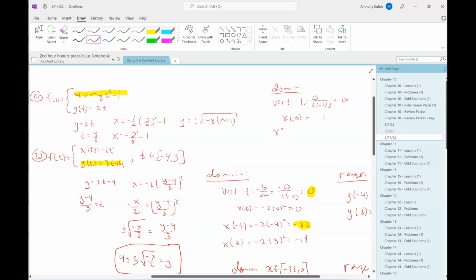Then we just have to check this at negative infinity and at positive infinity. And I'm getting negative infinities for both of those because the quadratic has a negative sign in front of it, so it's pointing down, right? So my domain then is x is going from negative infinity up to negative 1.